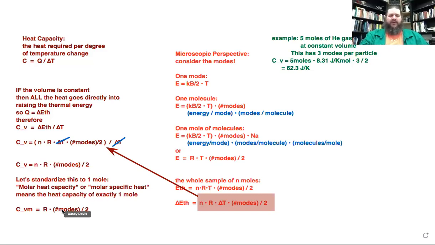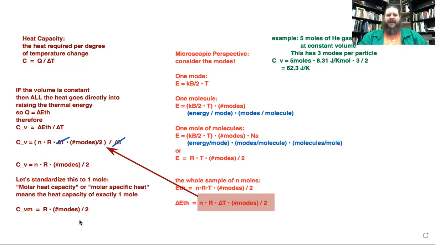You just take number of modes, divide by 2, multiply by R. And you could plug in 8.31 for R if you need a numerical value, but this is often just written in terms of R. For any ideal gas, number of modes is going to be 3, so 3 halves times R. Or for a diatomic gas with all modes active, you'd have 7 modes, so it would be written as 7 halves times R. So heat capacity at constant volume is always going to be this formula. And that makes it very predictable, very convenient to work with.